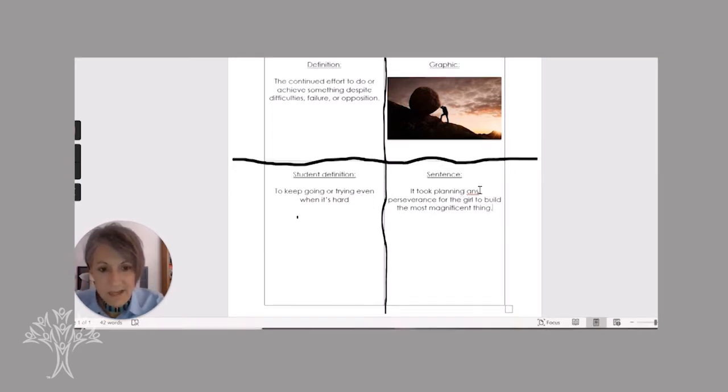And I see I've got a typo here, so I'm going to correct that now. Let's reread that. It took planning and perseverance for the girl to build the most magnificent thing.